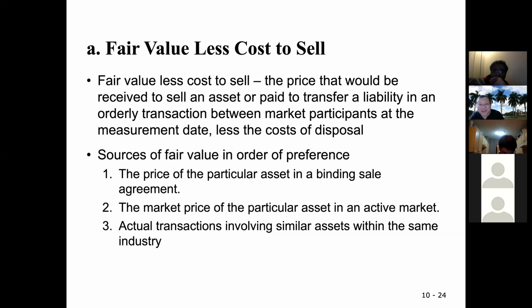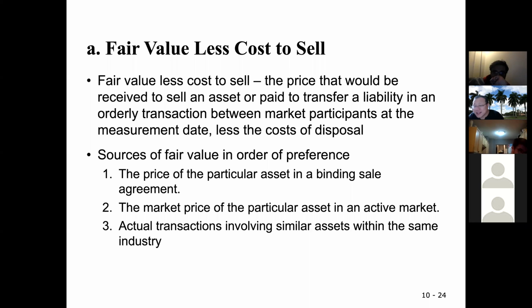If you have a house of $1 million and you pay 3% commission to the real estate agent, and there are legal fees involved, at the end of the day you sold it for 1 million but probably only get 950,000. That would be the fair value less cost to sell.